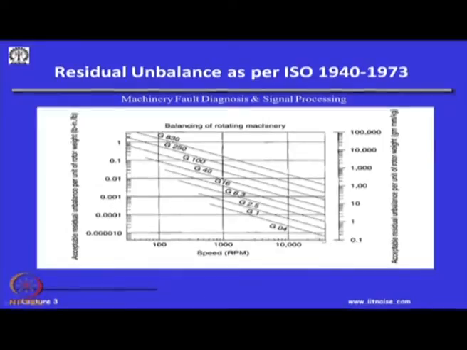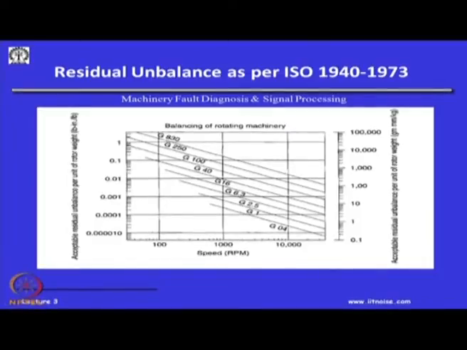And this is the case of precision balancing. Imagine in watches, if this was not precision balanced, we would have a lot of problems. But when I am talking about maybe a steam engine or a big cement mill drum which is rotating at very low speeds, the numerator can be very high.